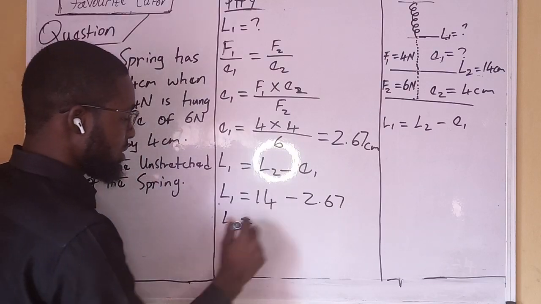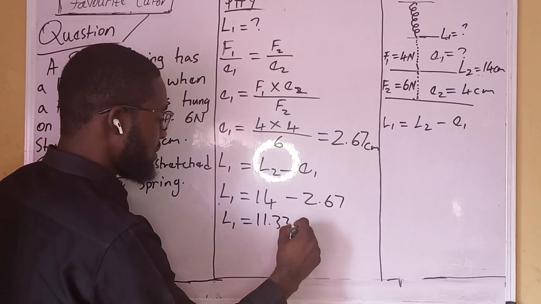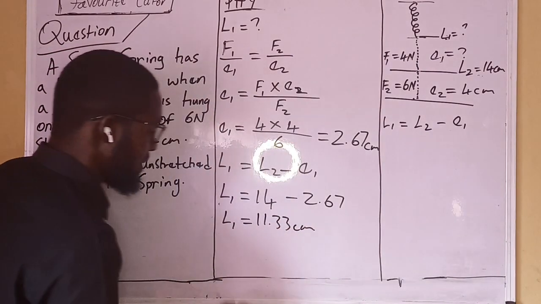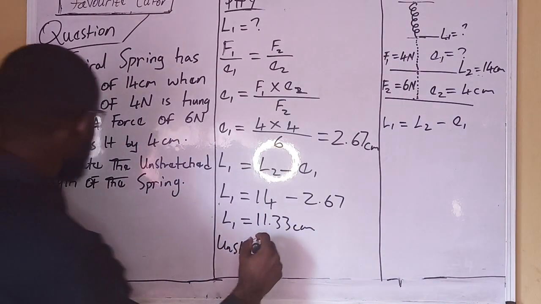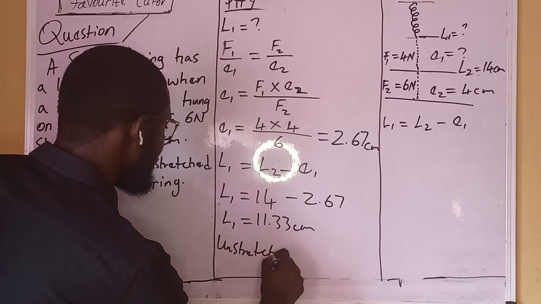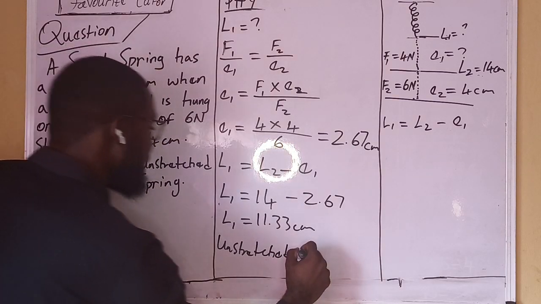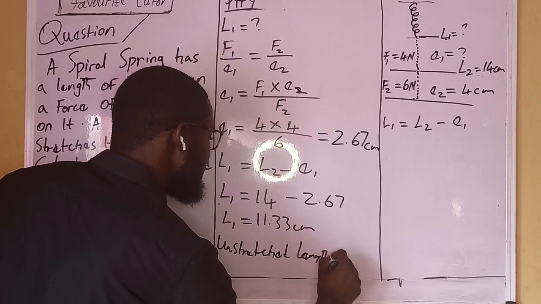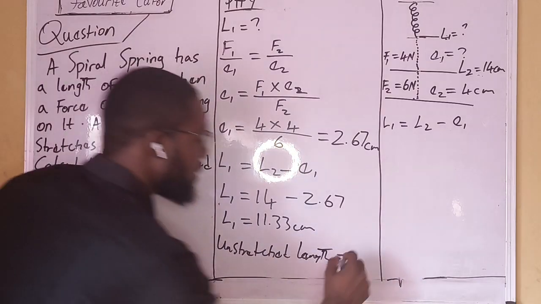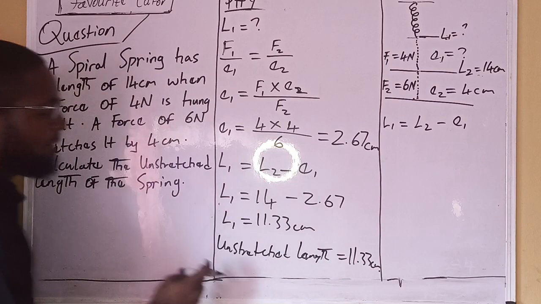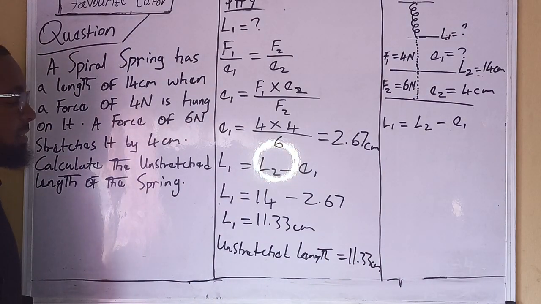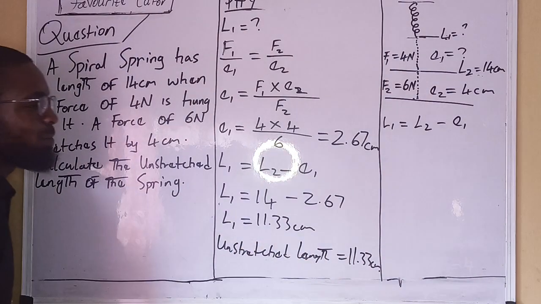So L1 is 11.33 centimeter. So therefore, the unstretched length is equal to 11.33 centimeter. This is the answer to the question.